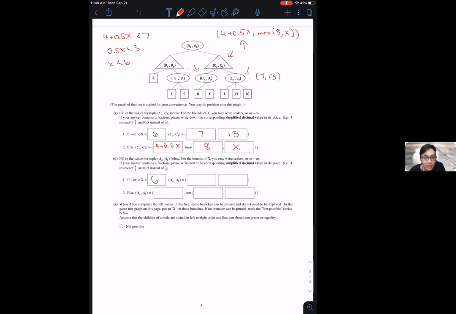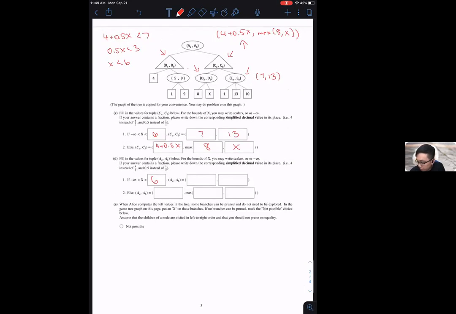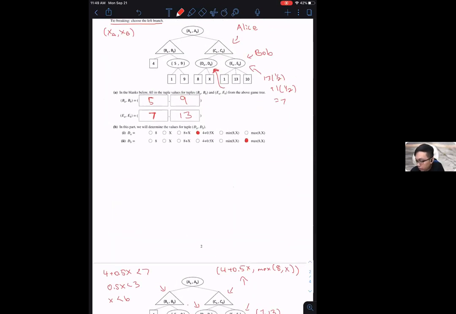Well, if x is less than 6, we know that the children of these two nodes right here, BA, BB, if x is less than 6, BA, comma, BB is equal to what we saw at the top, which was 5, comma, 9.